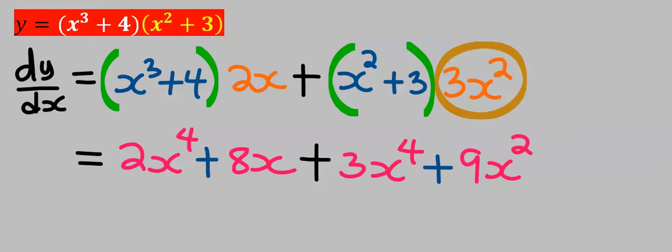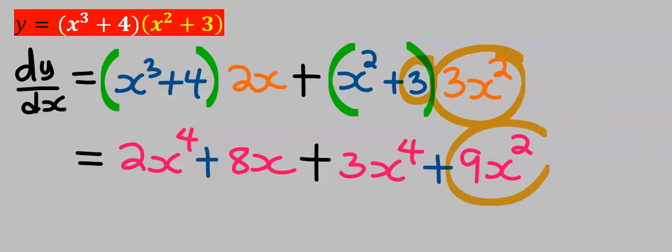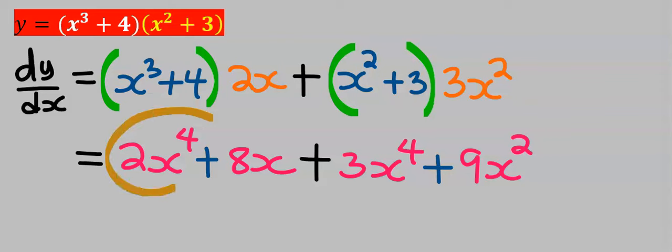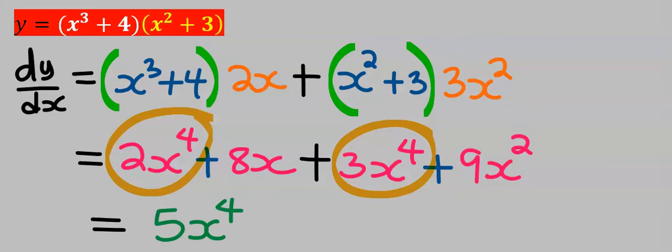Next, 3x to the power of 2 multiplied by x to the power of 2. You are going to get 3x to the power of 4. Next, 3x squared multiplied by 3. You are going to get 9x squared. Next, 2x to the power of 4 can add 3x to the power of 4, and you will get 5x to the power of 4.